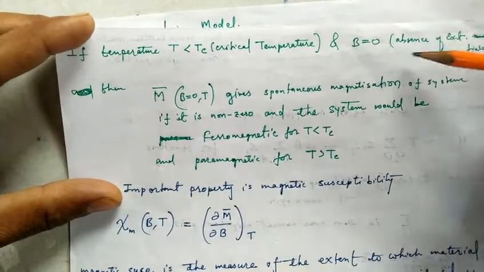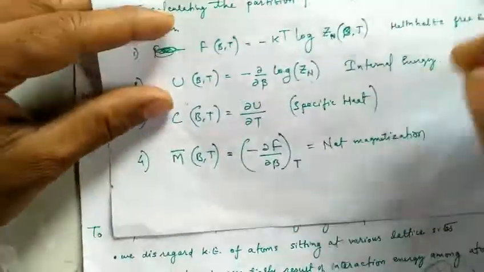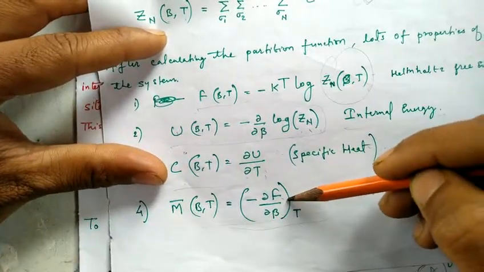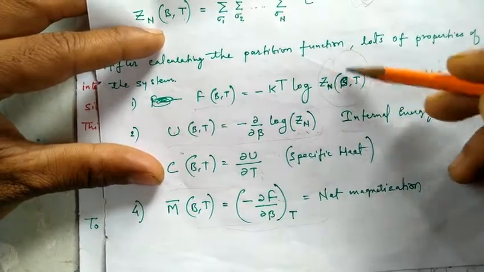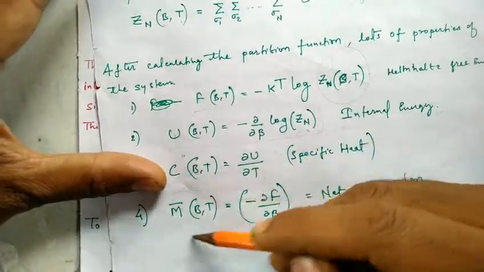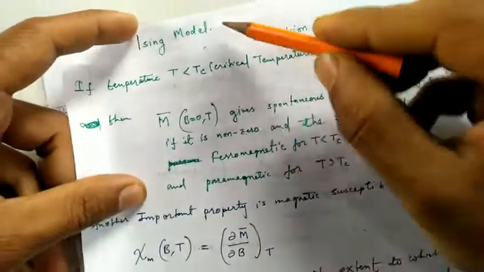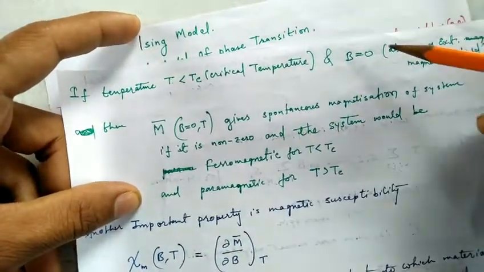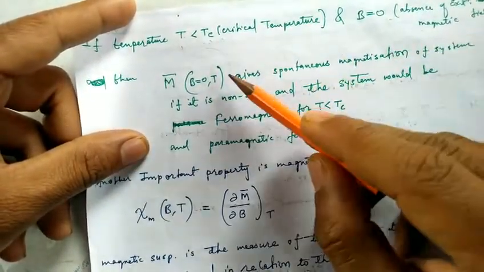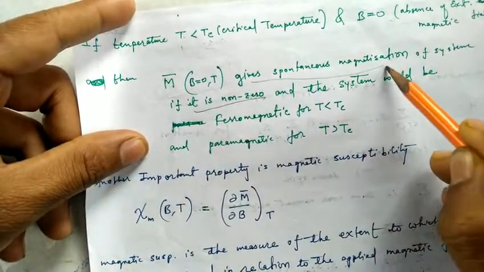if you calculate your magnetization from this expression, using your free energy, and that free energy was calculated using the partition function that comes from this Ising model, for T less than the critical temperature in the absence of magnetic field, and you find that it is non-zero, then this gives you the spontaneous magnetization of the system.